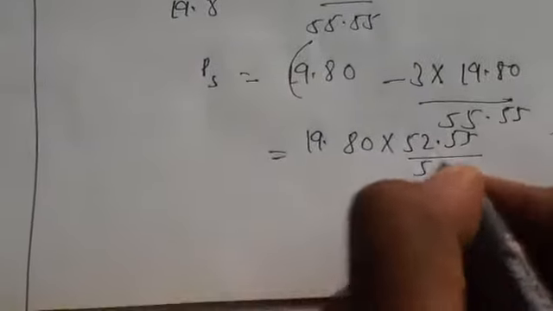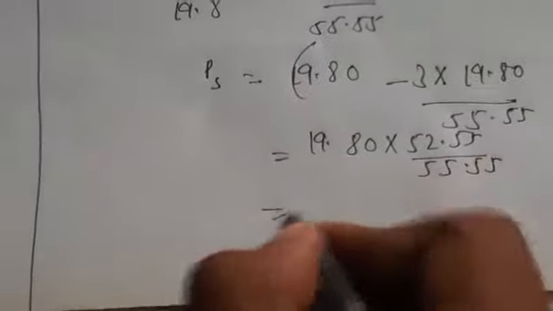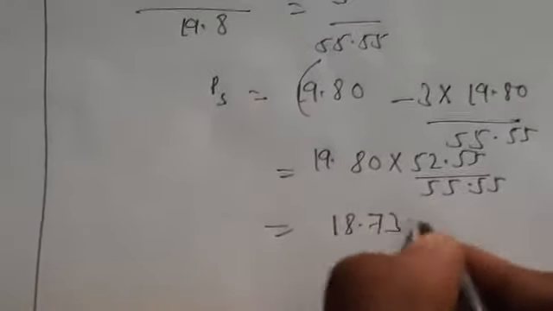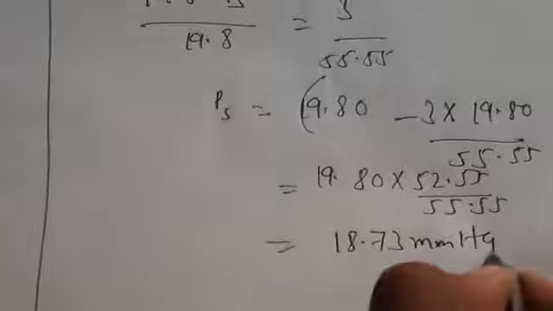By calculating this, we get 18.73 mm Hg, which means the vapor pressure of the solution is 18.73 mm Hg.